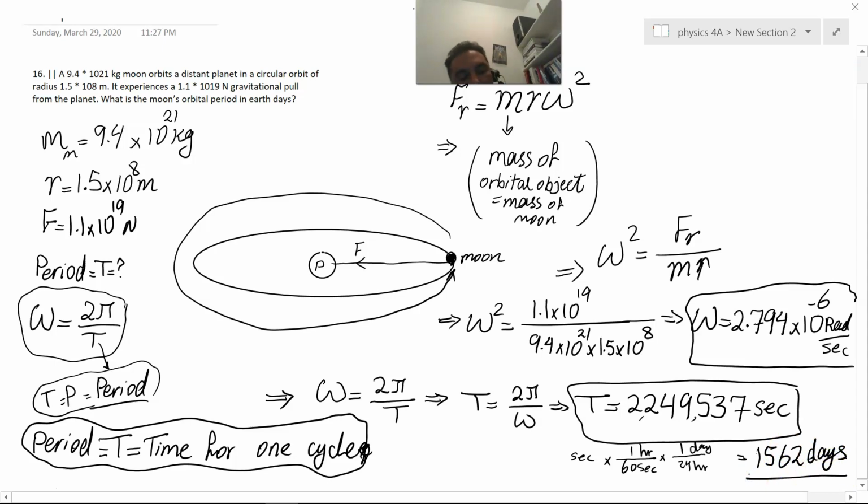Woohoo! So I don't know what planet this is, but our moon in our solar system, Earth and moon, our moon orbits the Earth in 30 days, 29.7 days.